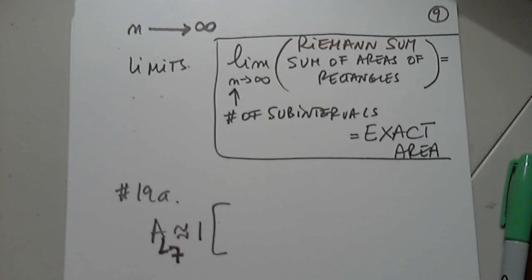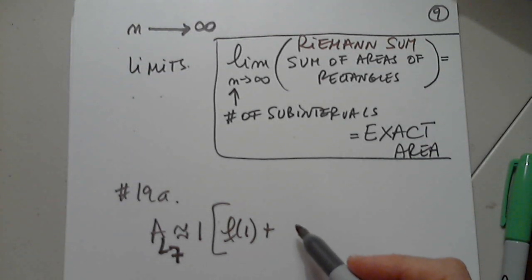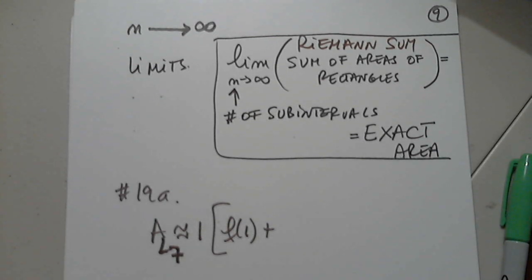So, of course, I will have 1 times. And I will not calculate. I just want you to tell me what it is. What is the height for the first rectangle? F of 1. Exactly, plus the height of the second rectangle. What is it?